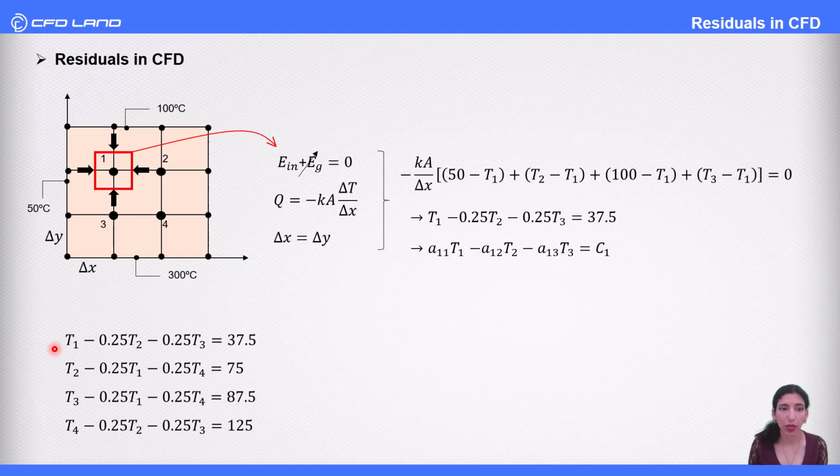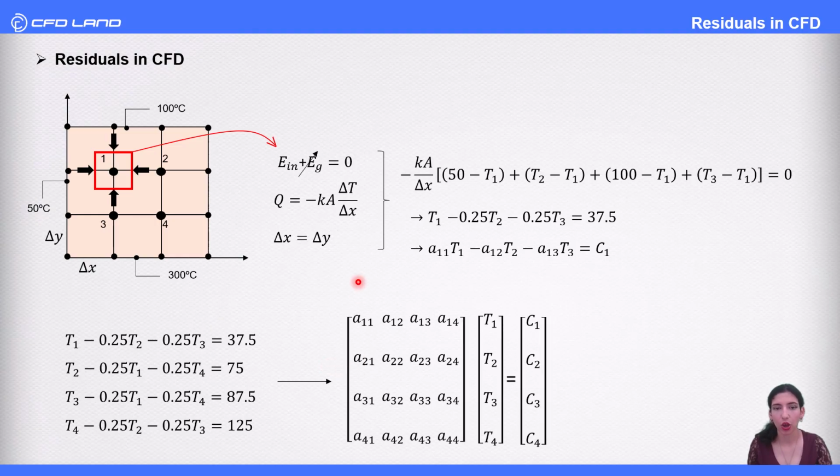So at the end, we will have 4 unknown temperatures and 4 equations. And all these equations have their own coefficients and their constant. We can write this body of equations into a matrix, a coefficient matrix, a temperature vector, and a constant vector. Simply saying, A T equals C.